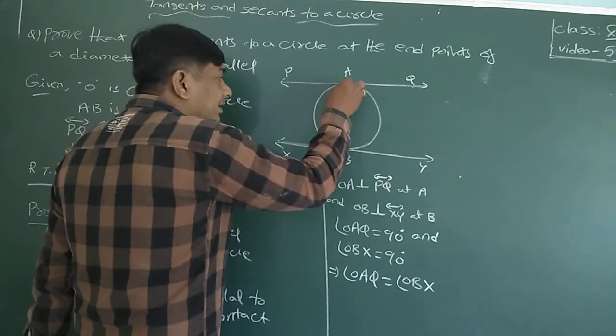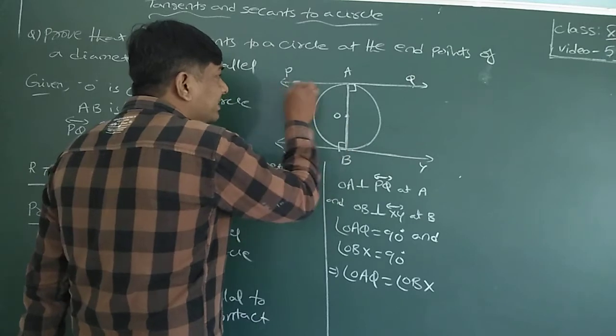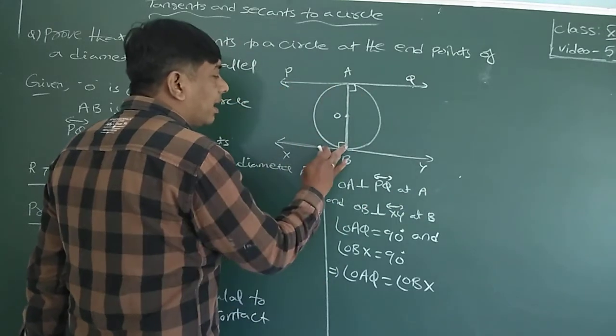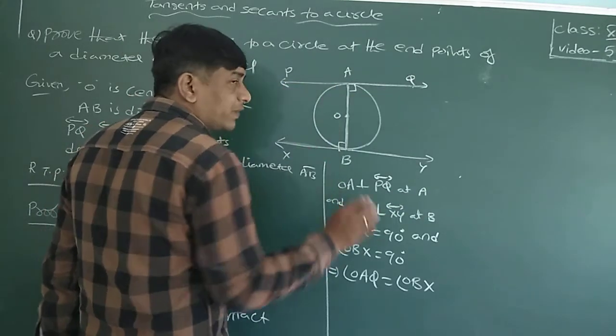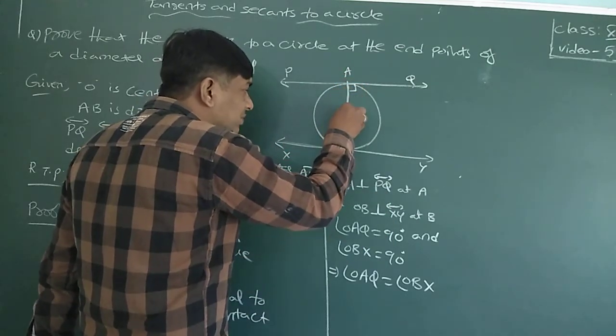Since this diameter, if you consider it as a transversal, and PQ and XY are the two lines intersected by the transversal AB.